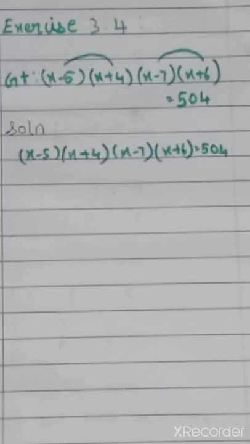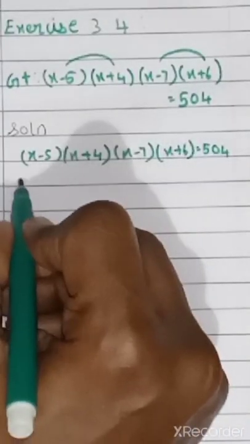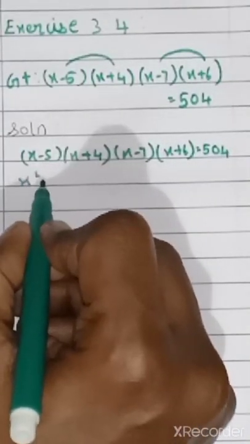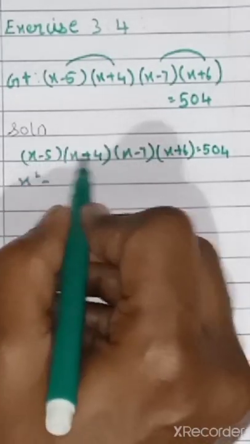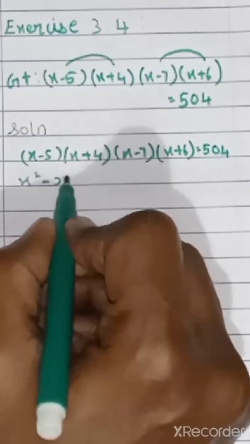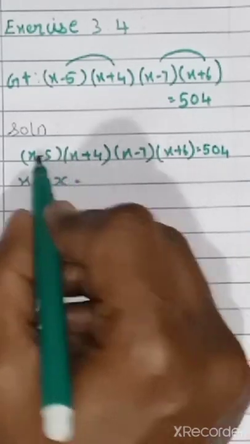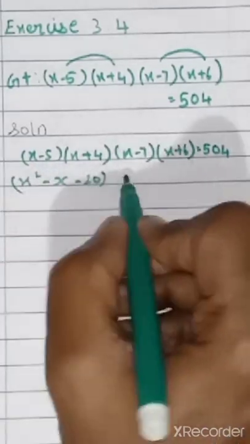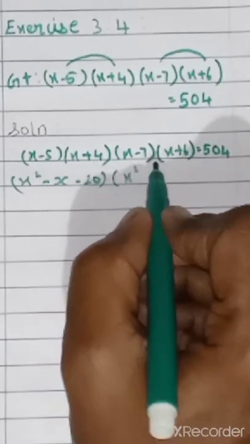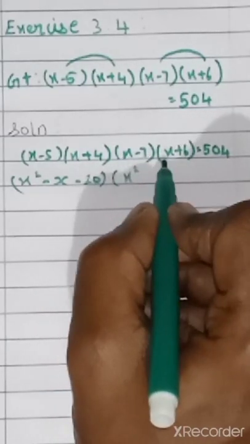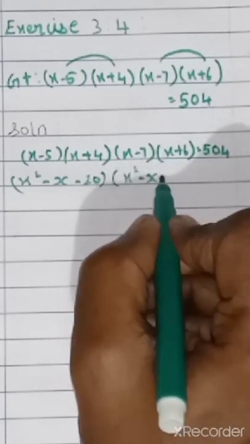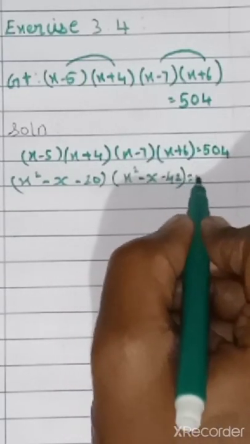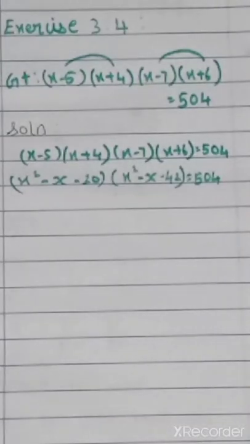Simplifying, x square, here you will get 4x, here minus 5x, so minus x minus 20. And if you simplify this, x square, here 6x, here minus 7x, so here also minus x, minus 42 equal to 504.